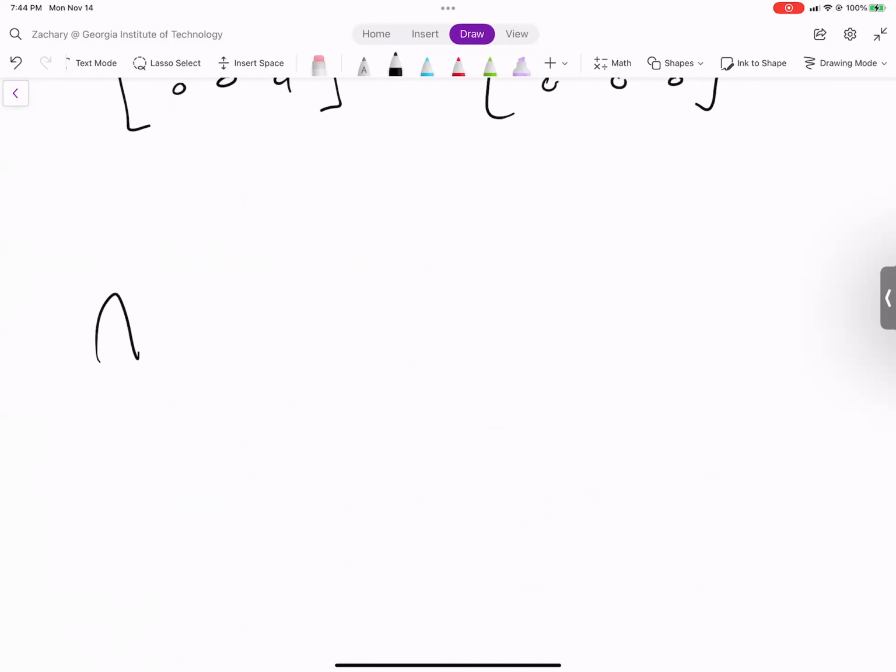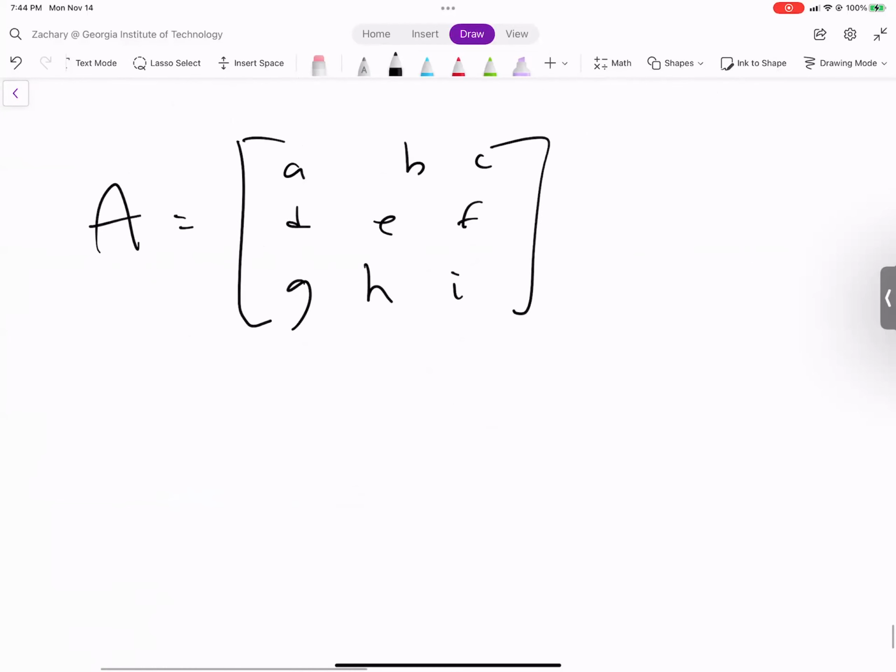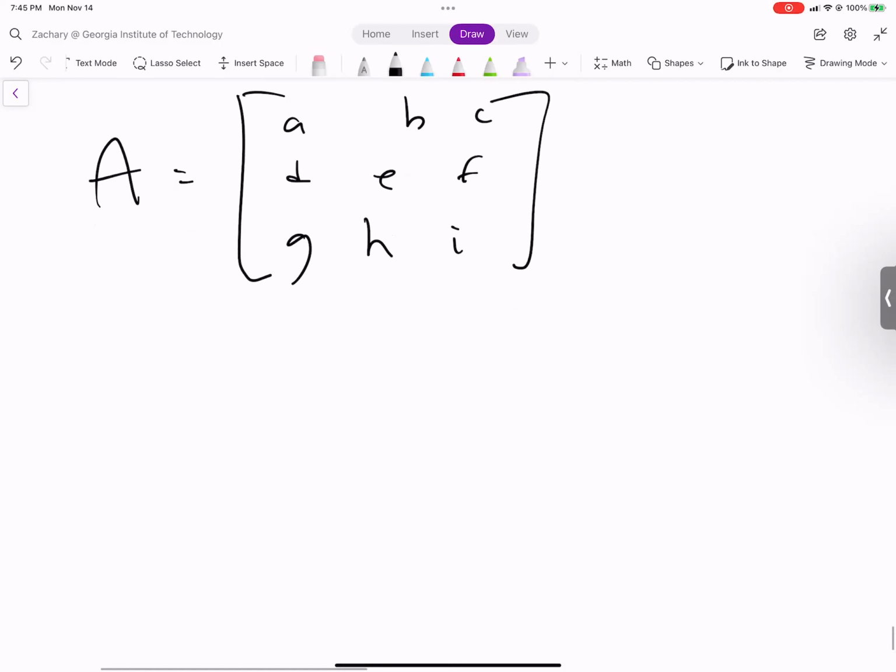I promise. So A equals, we'll call it A, B, C, D, E, F, G, H, I. Cofactor expansion is probably the most helpful tool to actually find eigenvalues. In my opinion, it's the fastest way to do a determinant.